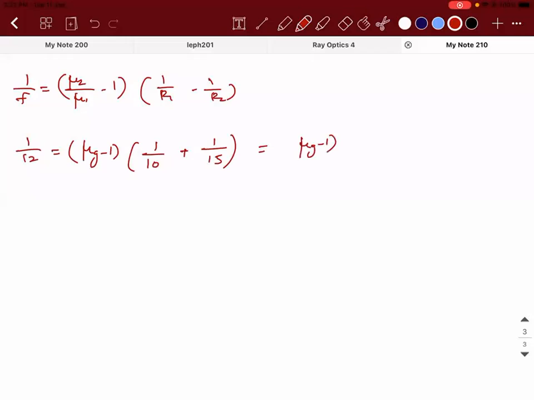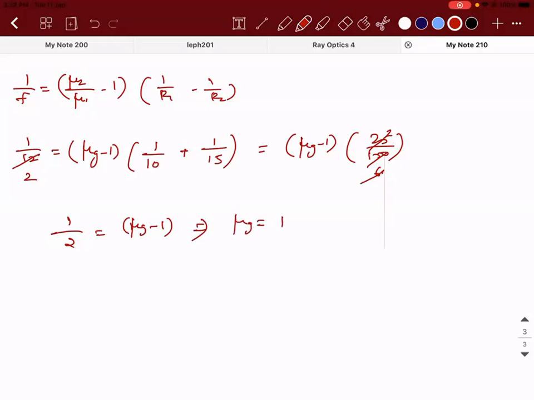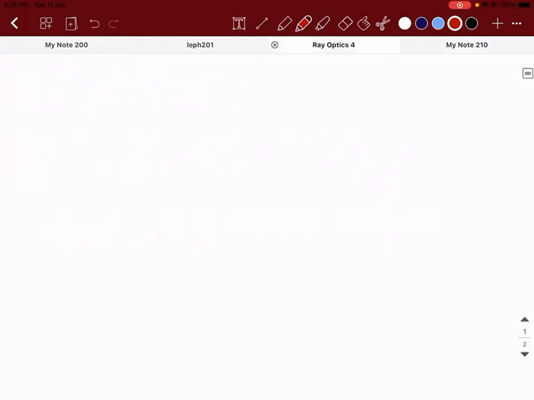So (mu g minus 1) into 25 divided by 150. 25 divided by 150 means 1 by 6, so 6 will cancel 2 times. So half is equal to mu g minus 1, which implies mu g is equal to 1 plus half, which is 3 by 2 or 1.5. Okay, so that is the answer for the second one.